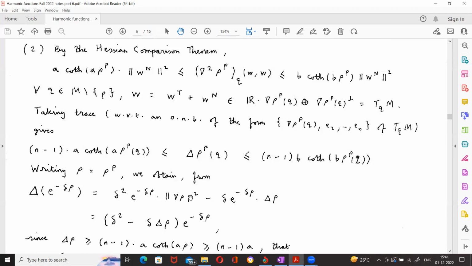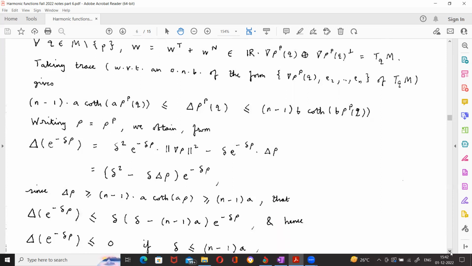If you apply that composition formula, you differentiate e to the minus delta t twice, and you get delta squared e to the minus delta rho times norm grad rho squared, and differentiate once, so you get minus delta e to the minus delta rho times Laplacian rho. So this becomes (delta squared minus delta times Laplacian rho) times e to the minus delta rho.